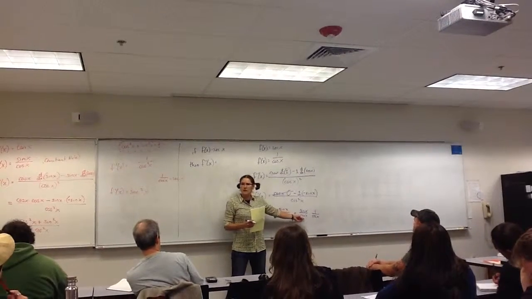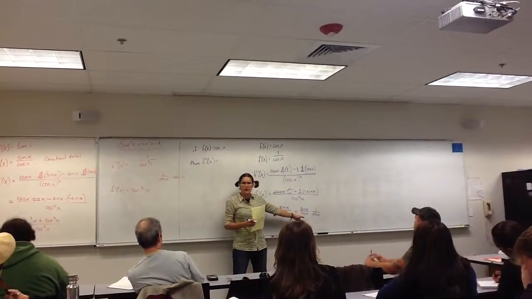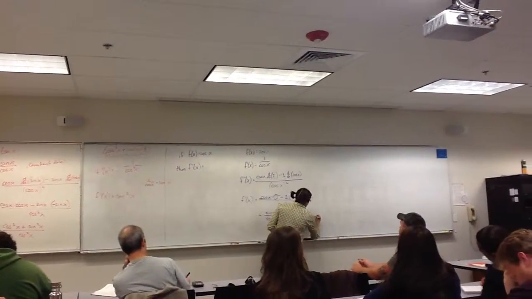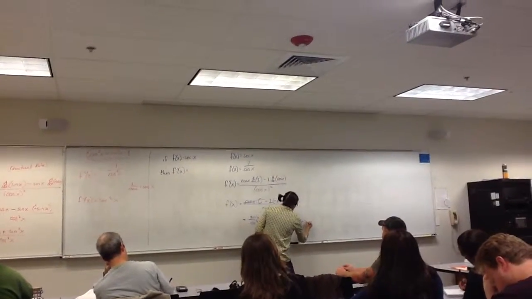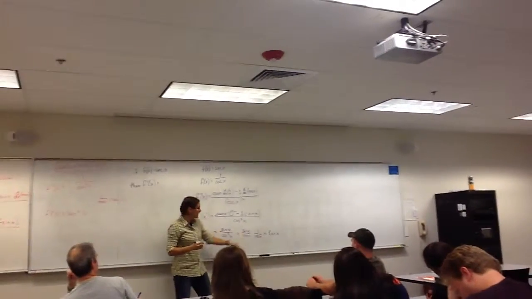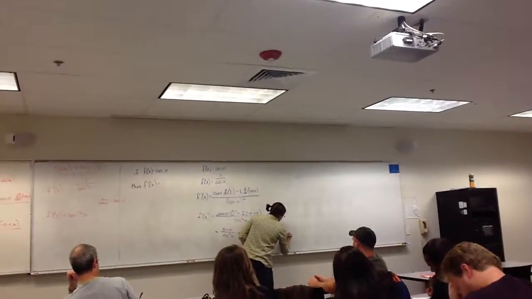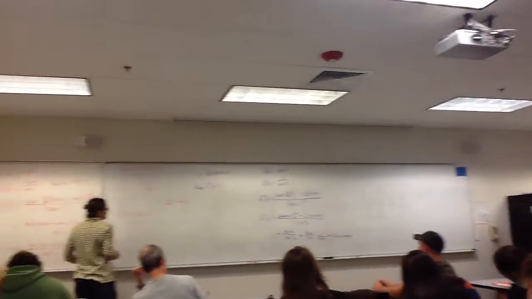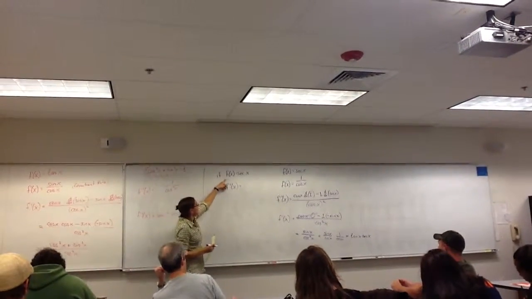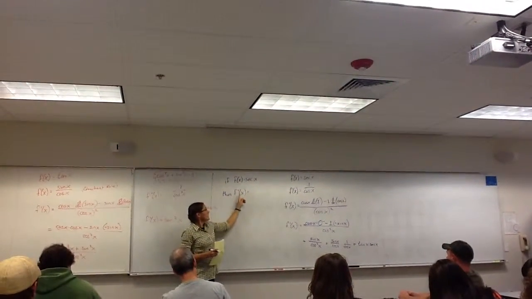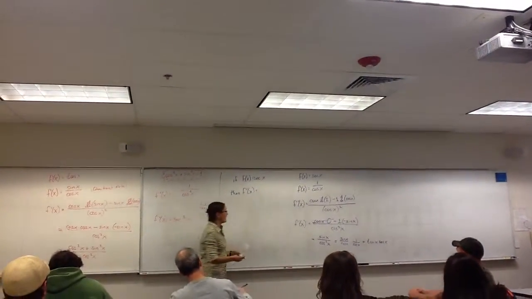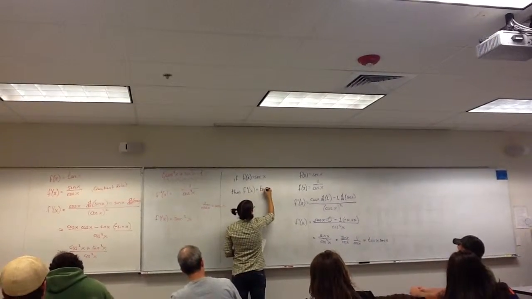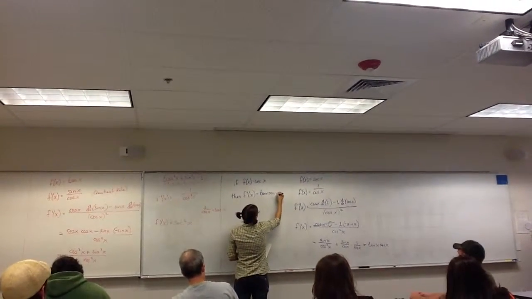And if I write it in this way, sine x over cosine x, what's that one? Yeah, that's tangent x. And 1 over cosine x is secant x. And so what that tells us is, if f of x is equal to secant x, then the derivative of secant x is tangent x times secant x.